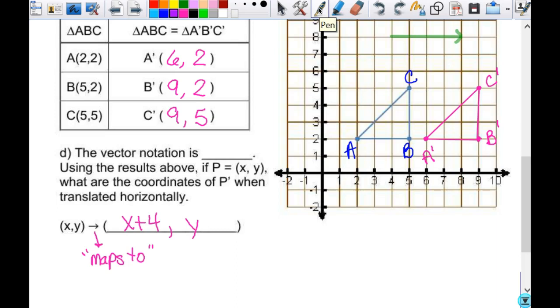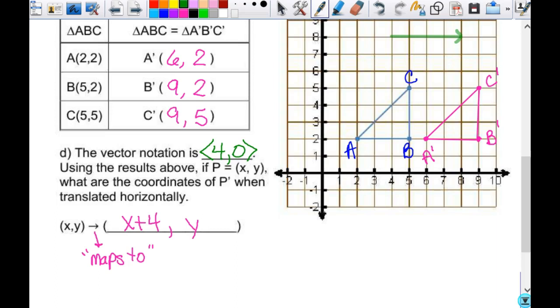And to write it, I use the little pointy brackets. I went to the right 4, so my x value is 4. I didn't go up or down any, so that's 0. So I translated it along the vector <4, 0>. Does that make sense to you? And do you see how these two connect? I mean, if you can do this, you can figure that out. It's not that big of a deal. You just got to make sure that you're notating it correctly.